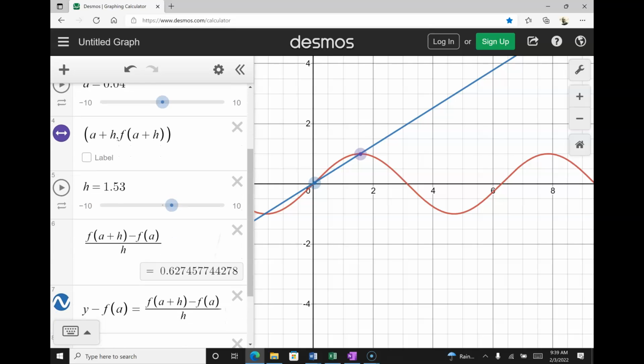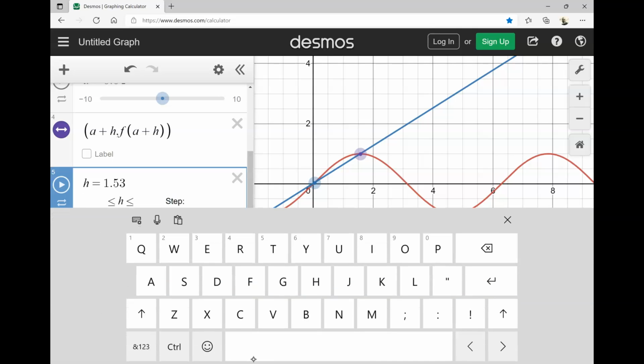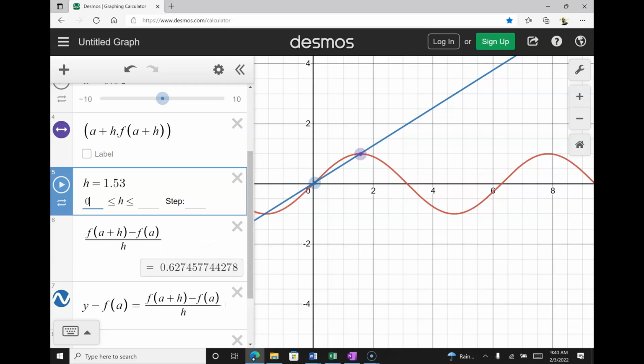So you can see as I let h go to 0, it's nice really for me to make h really close, like 0.1. I should do left and right, but I'm just going to have it from the right. So 0 to 0.1 by pennies.